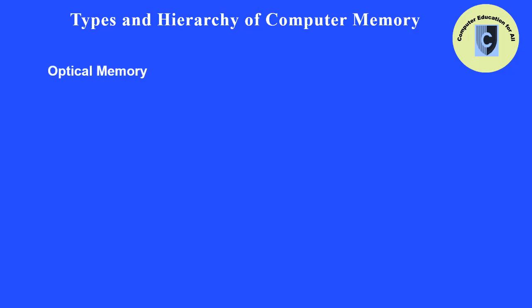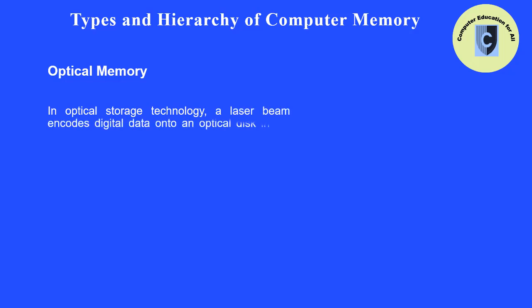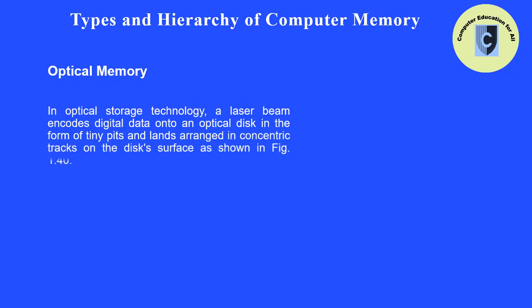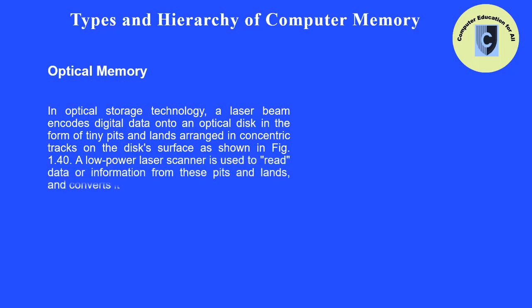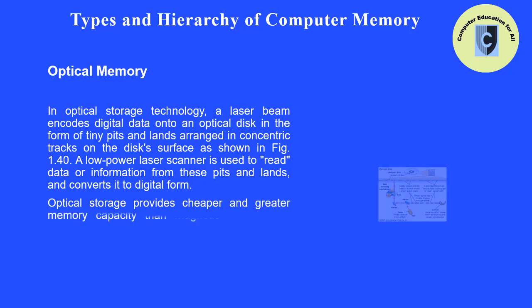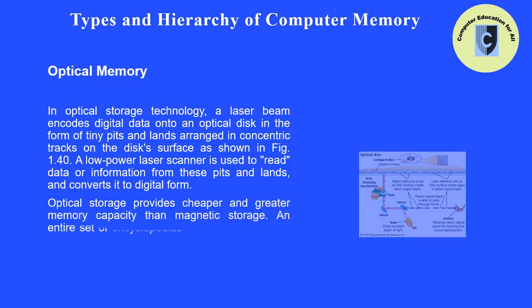Optical memory. In optical storage technology, a laser beam encodes digital data onto an optical disc in the form of tiny pits and lands arranged in concentric tracks on the disk surface as shown in Fig. 1.40. A low-power laser scanner is used to read data or information from these pits and lands and converts it to digital form.